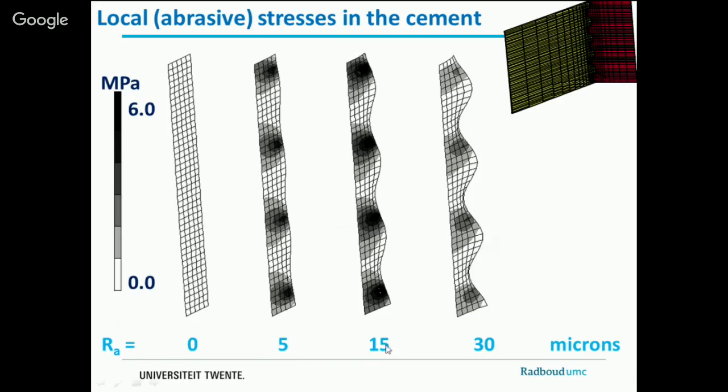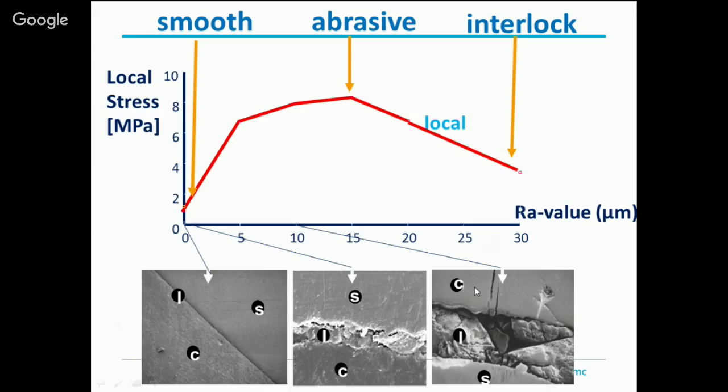If you look at 15 microns, stress levels went further up. But if you make it rougher, the stress levels went down. So here you can see that curve. So if we make it super smooth, stress levels were down, and we also see that in our test.